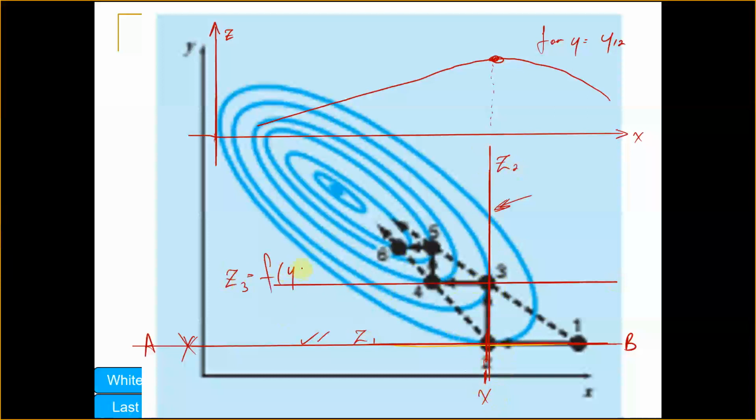For a fixed x, okay? No, this is going to be a function of x, pardon me, for a fixed y. For y3. Let me just say y3. Okay? Because you would have determined y3. It's a third step, right?